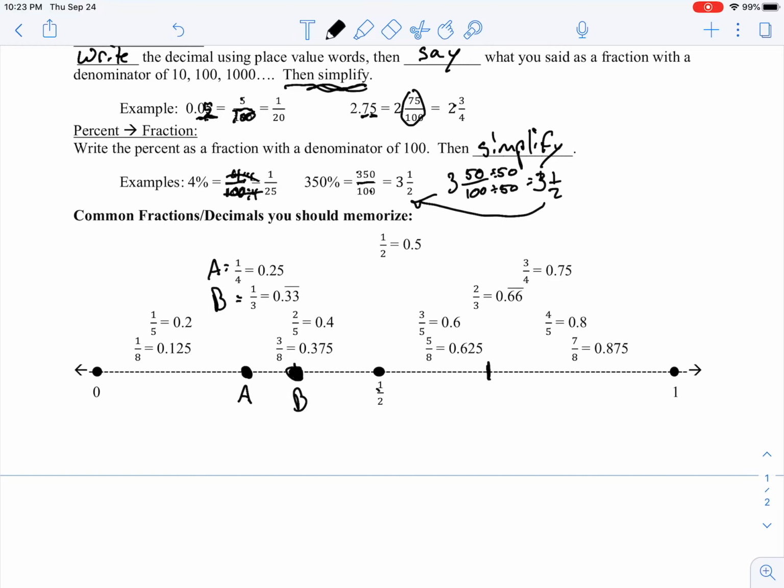So we have B. We're going to call C 2/5. Well, that is 0.4, so kind of the same thinking. We're splitting this into 1, 2, 3, 4, and 5 equal sections, and we are using not 1, but 2 of those fifths. So here is C, and then finally 3/8.